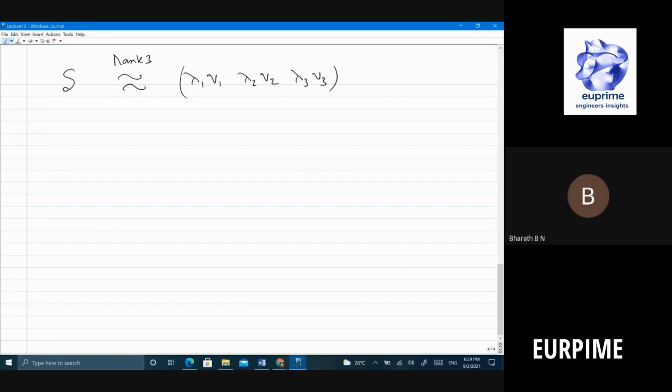The answer turns out to be this particular matrix. Of course, you have to match the dimension, you have to put zeros for the others, that's a different thing, but apart from zeros this will be the match. Is that fine? So I can always stack zeros and complete the matrix. It doesn't matter.